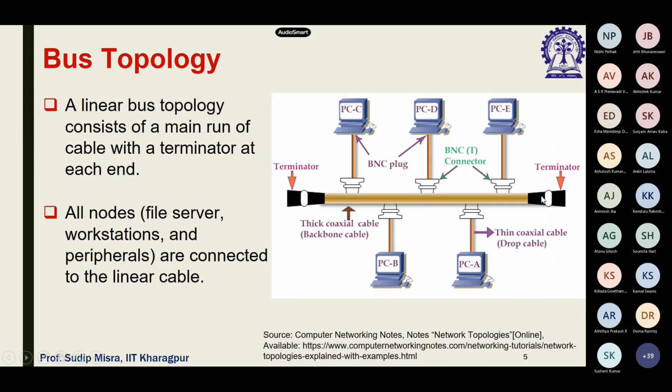Now, all the different nodes in the network like A, B, C, D, and E have direct cables dropping onto this backbone cable. All these cables are typically coaxial cables.